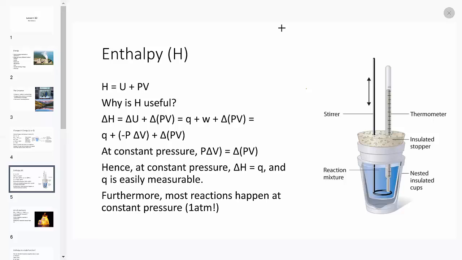And then we have some chemical reaction. And this chemical reaction will release some heat, which we can measure as a change in temperature. And then we can easily convert this change in temperature back into heat. And then from the heat, we can calculate delta H of the reaction. Okay. So just remember that enthalpy equals U plus PV.